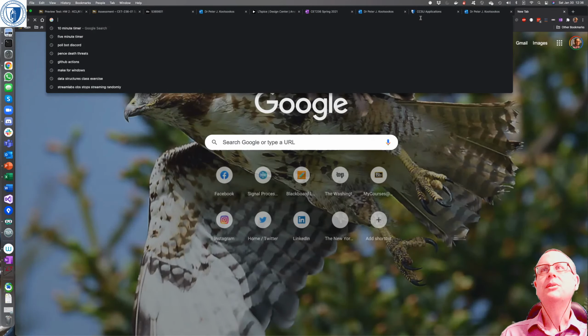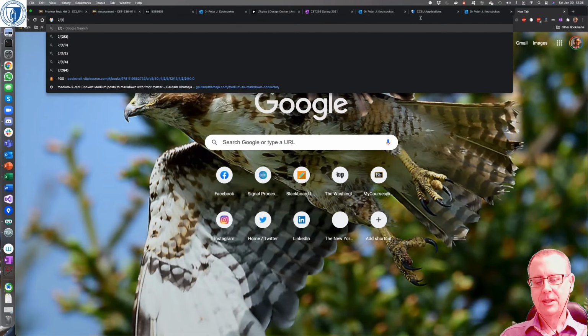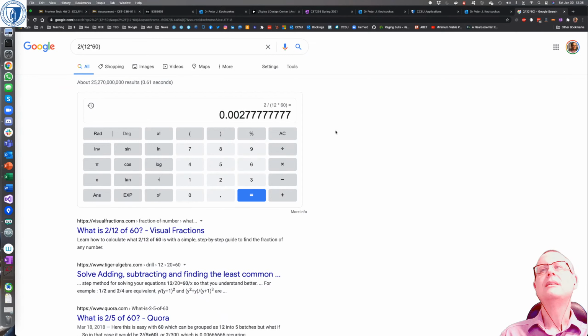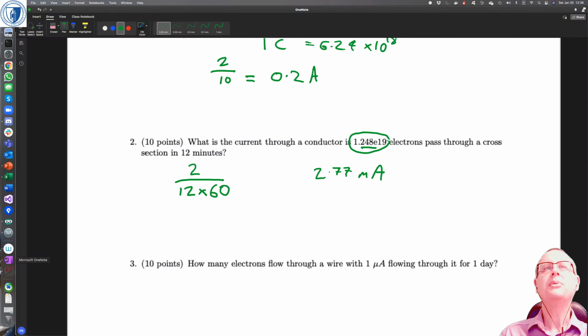It's going to be 2 divided by 12 times 60, and you are correct. The number that comes up is 2.77. I'd actually call it 2.78 because it's 77 recurring, so the last digit should probably be an 8 to round it up, but that looks correct. Thank you.